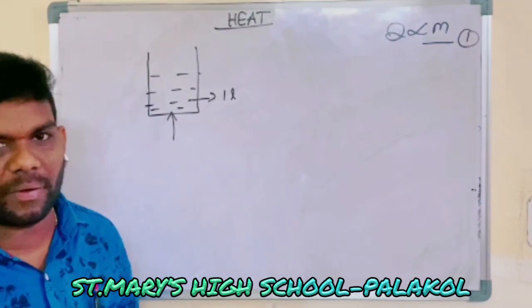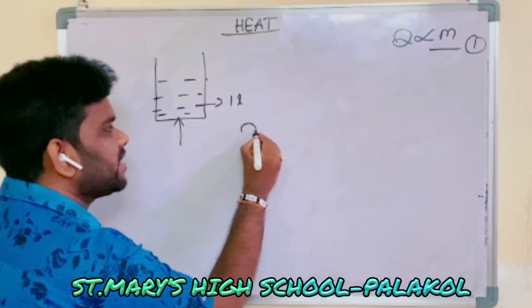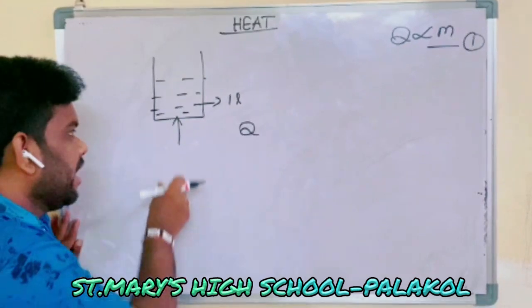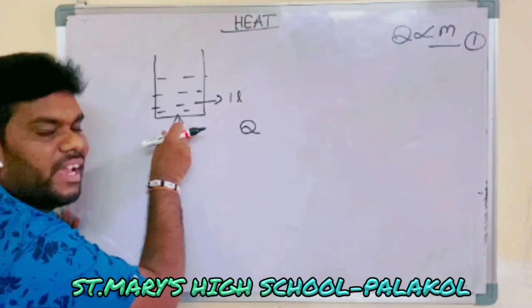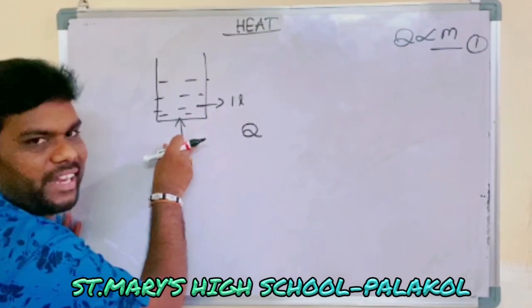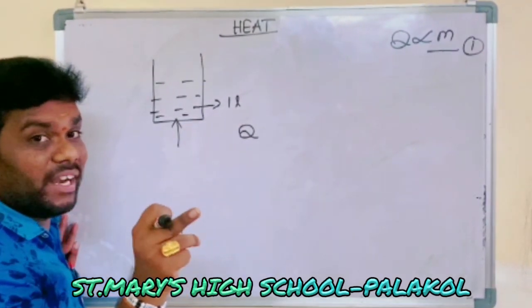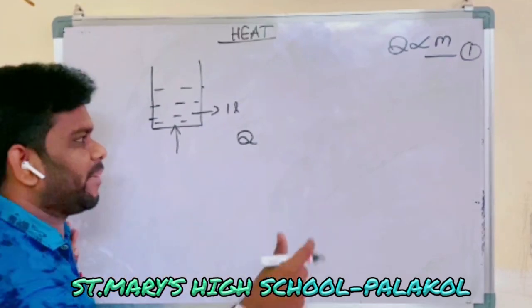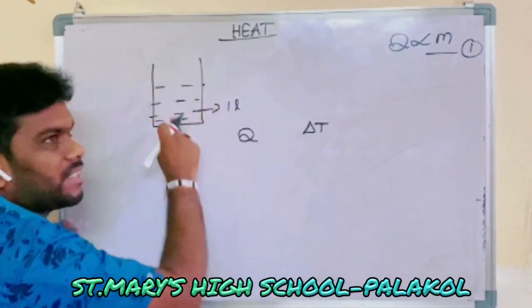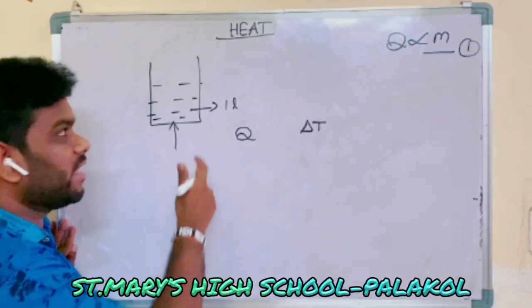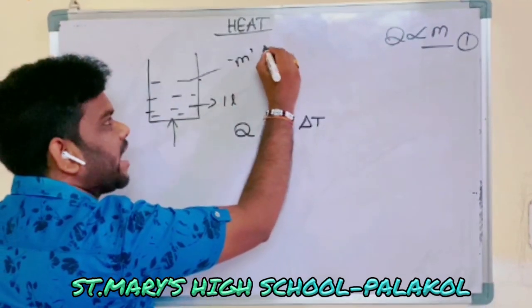What do you conclude from this? Heat energy means Q. The beaker is already heated. Every 2 minutes you observe a change in temperature. What is that called? Delta T. Here mass means 1 liter of water, and it is constant. What is M?